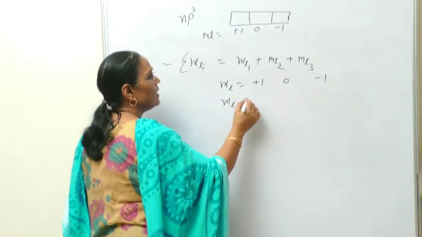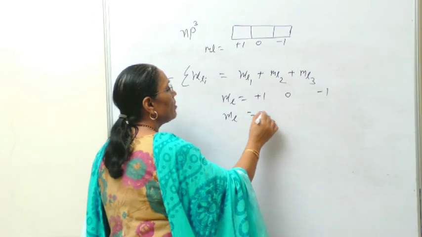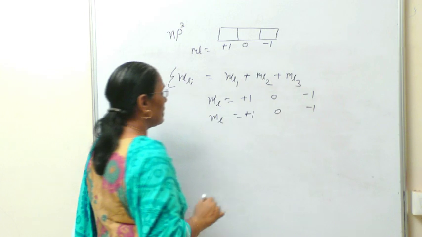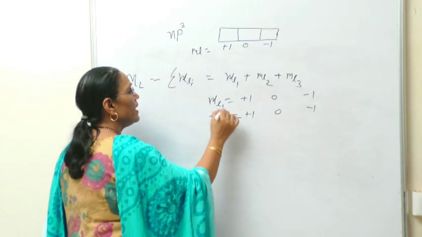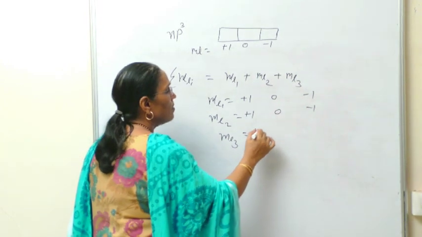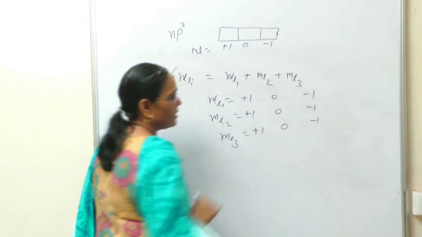Similarly, the second electron can also have theoretically ml value of +1, 0 and -1, and the third electron can also have ml values of +1, 0 and -1.